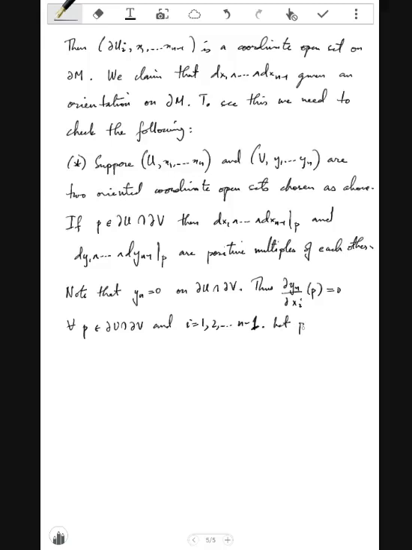So let P be in the intersection of the boundaries.